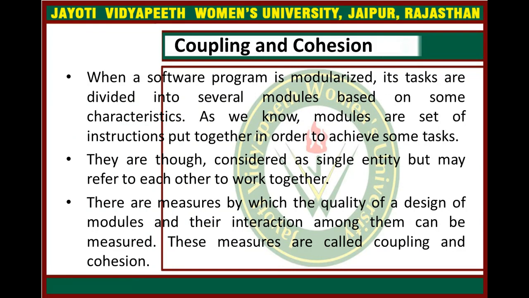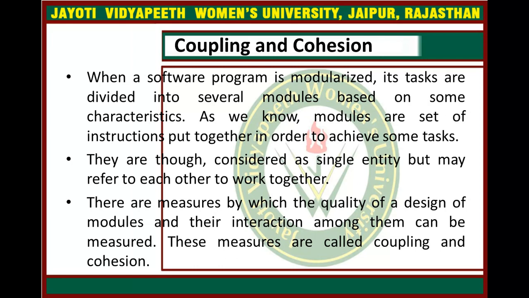Now come to cohesion and coupling. When a software program is modularized, its tasks are divided into several modules based on some characteristics. As I told you in the examples, vegetables have different characteristics from utensils, microwave, and storage items, so as per the characteristics you have to divide the modules.